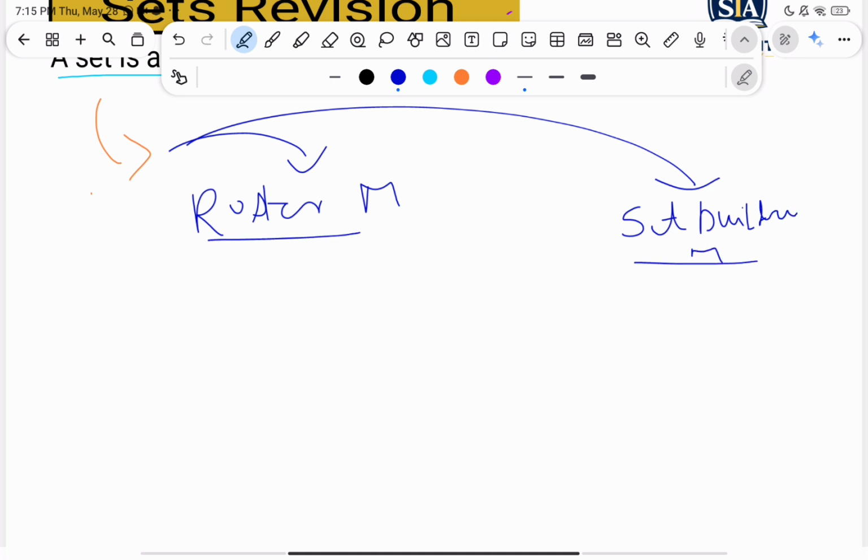In roster method we list all the elements of the set. For example, A is equals to {a, b, c}, Z is equals to {1, 4, 7}. We list all the elements of the set.